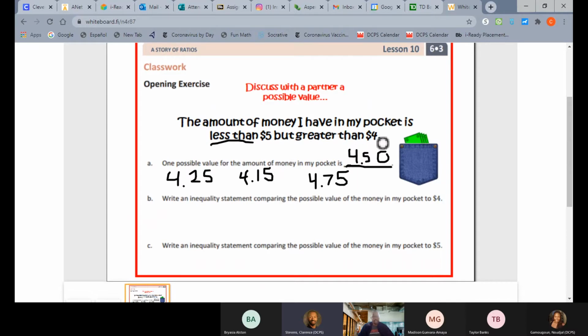Is it greater than 4? Yeah, of course it is. So that means 475 works.